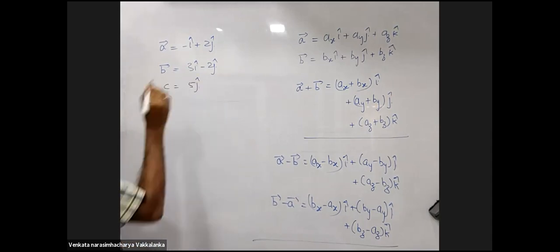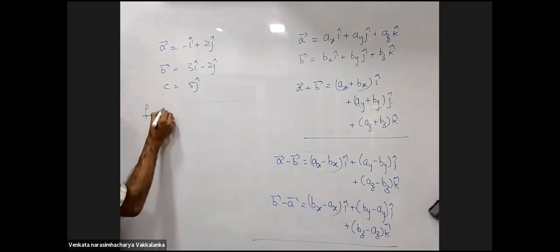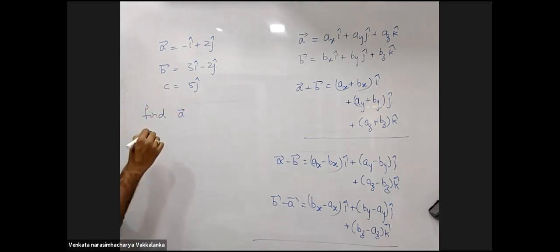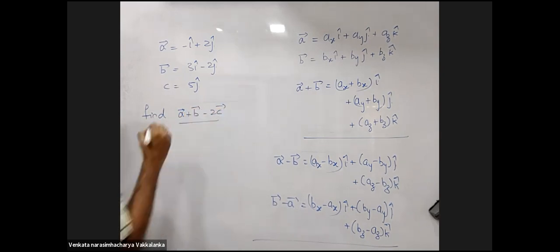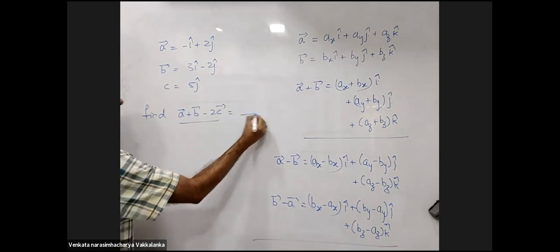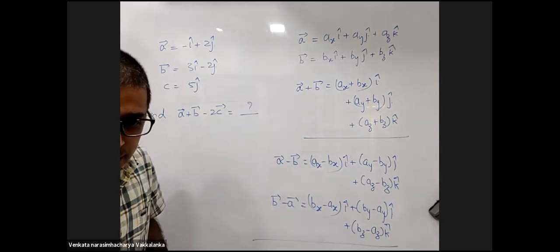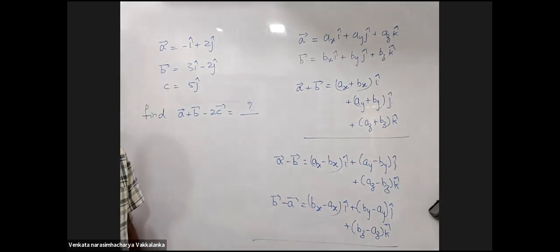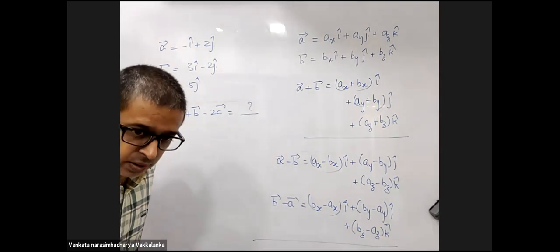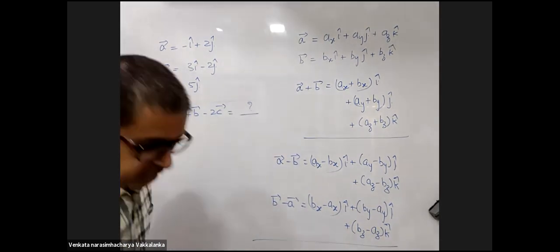C is given as 5j cap. Find the value of A plus B minus 2C. First you will try and then I solve, or should I discuss? Sir, we will solve. Okay, I am waiting.